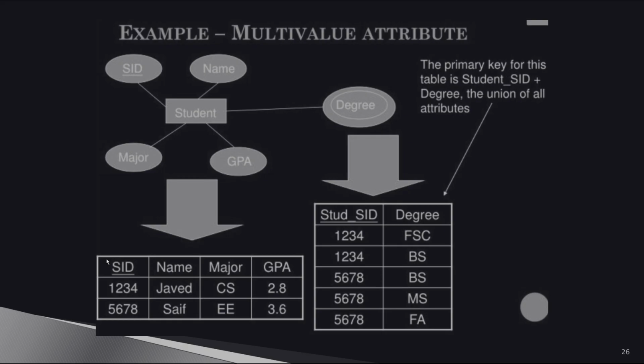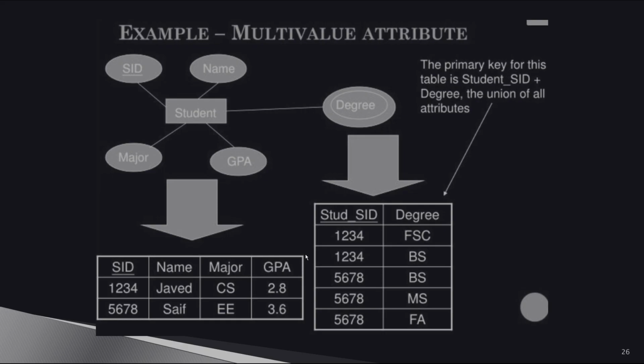So as we can see, you have the student ID, name, major, and GPA. No mention of the degree table whatsoever. And then you're gonna have here a column for the student primary key, as well as the degree they're holding. So the student has 2 degrees, which are FSC and BS, and the student has 3 degrees, which are BS, MS, and FA.